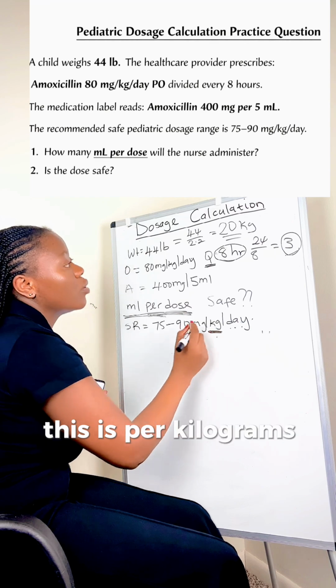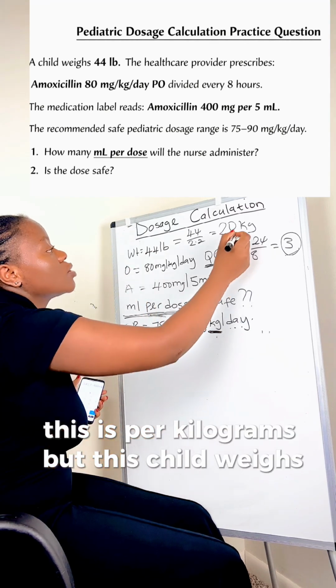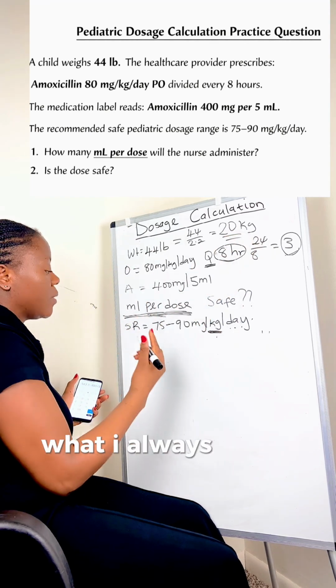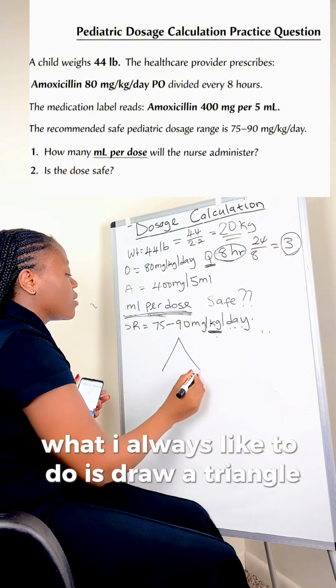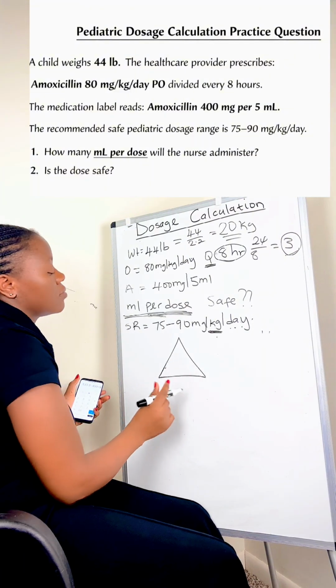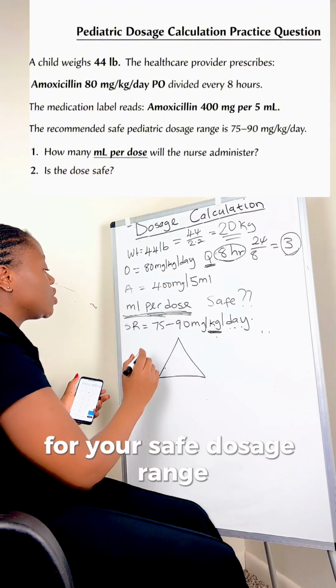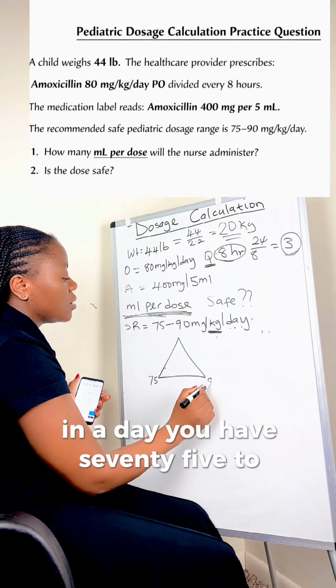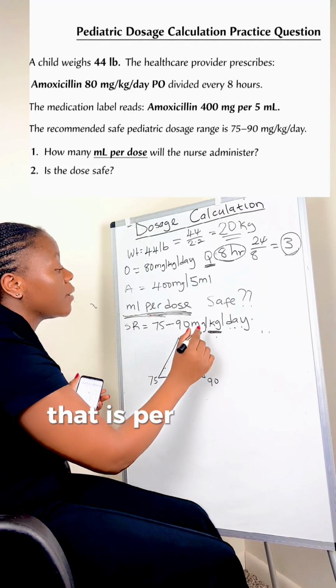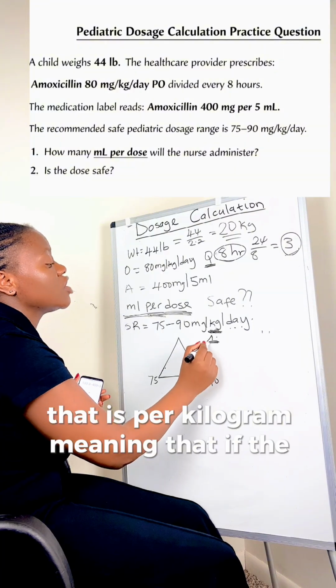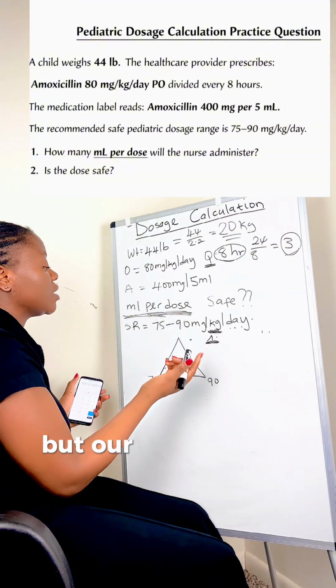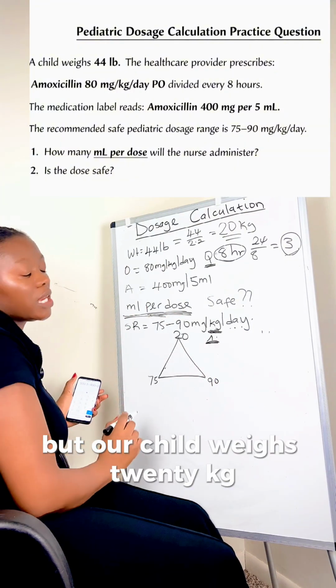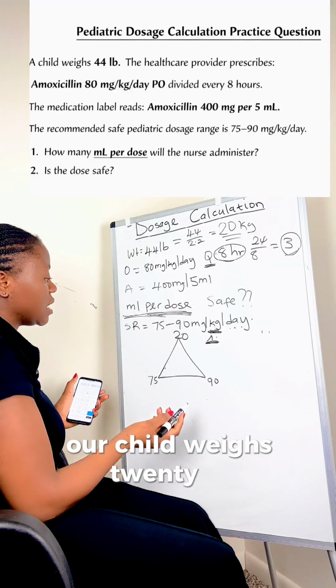This is per kilogram, but this child weighs 20 kilograms. What I always like to do is draw a triangle for your safe dosage range. In a day, you have 75 to 90. That is per kilogram, meaning that if the child was just 1 kilogram, but our child weighs 20 kg.